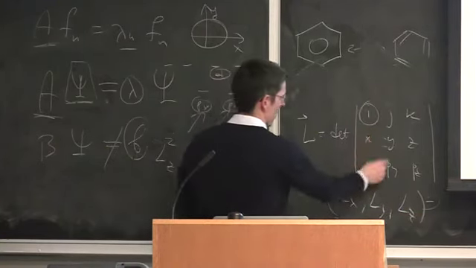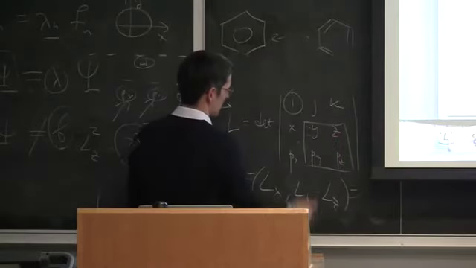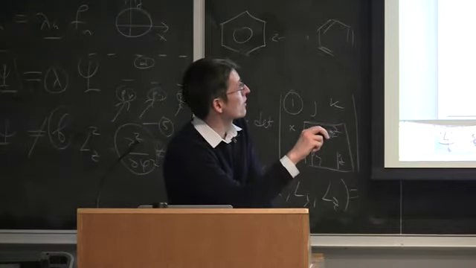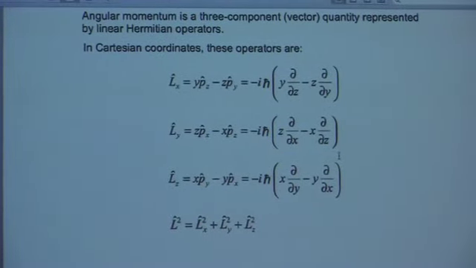Lx corresponds to I multiplied by (y pz minus z py), and then you turn p's into operators, and those are your components. Very straightforward process in Cartesian coordinates. And then L square is just a sum of them.